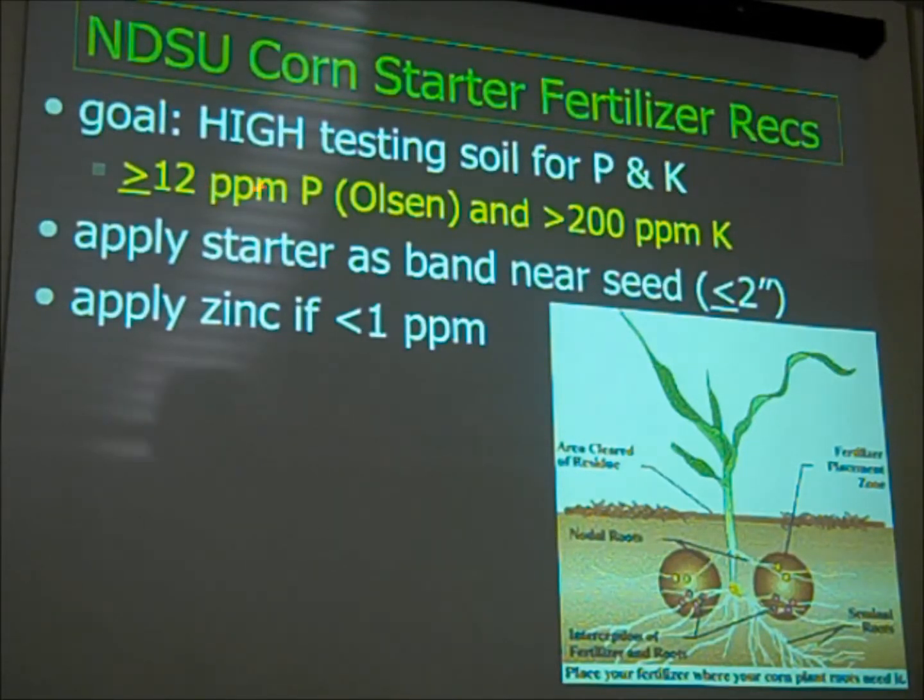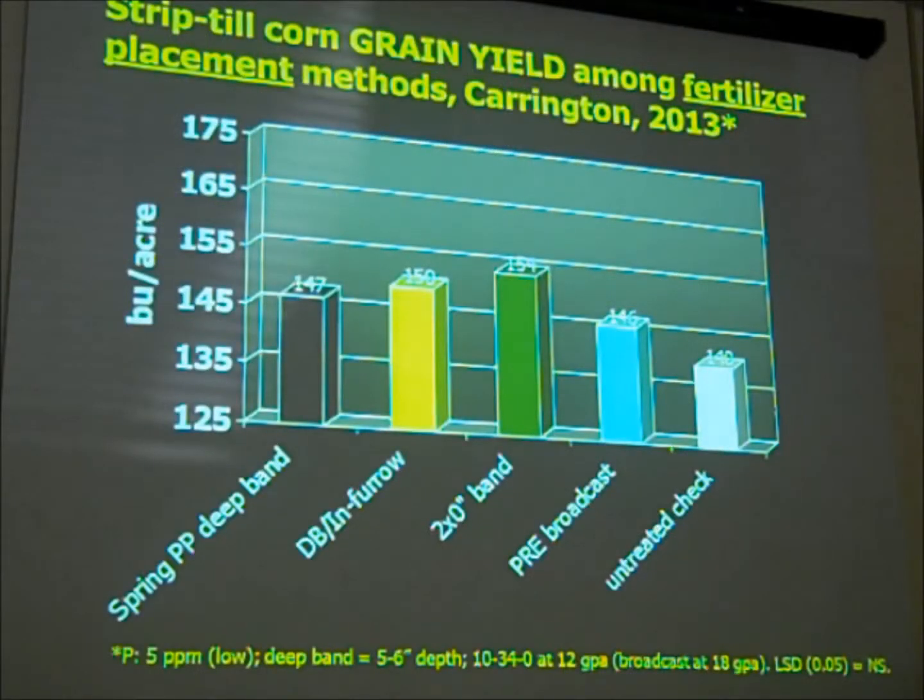And these are the general levels we think are critical levels to raise that yield ceiling. And then regarding specifically starter, we recommend starter, phosphorus in particular, no matter what your soil test levels are. And we define a starter as something placed in a band within 2 inches of the seed. And then, of course, corn responds to zinc, in particular if your soil test indicates less than a part per million.